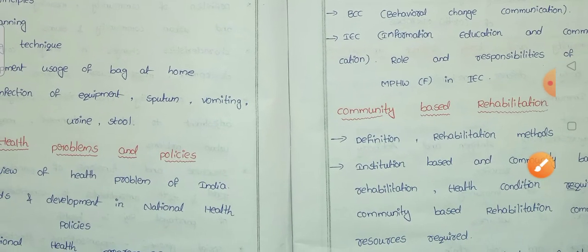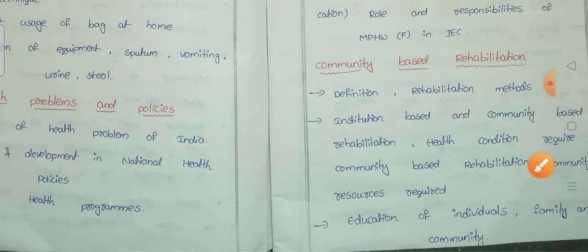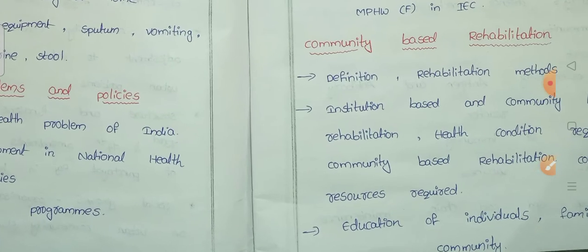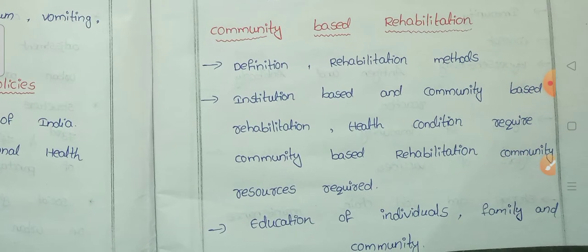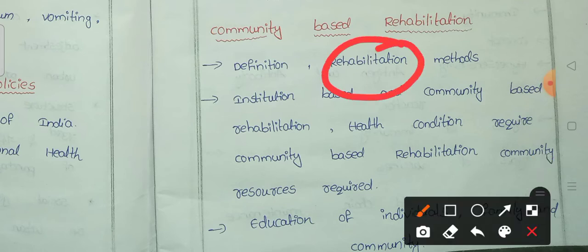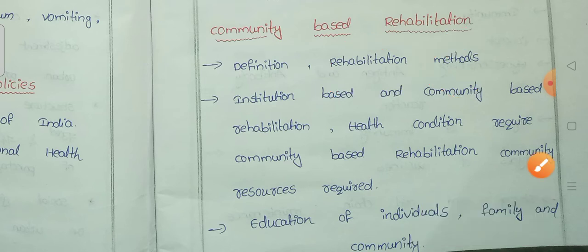Next, community based rehabilitation. Sometimes they may ask methods of rehabilitation, community-based rehabilitation, or types of rehabilitation, meaning of rehabilitation. Sometimes they may ask define rehabilitation. Methods of rehabilitation. Well, this much only is important.